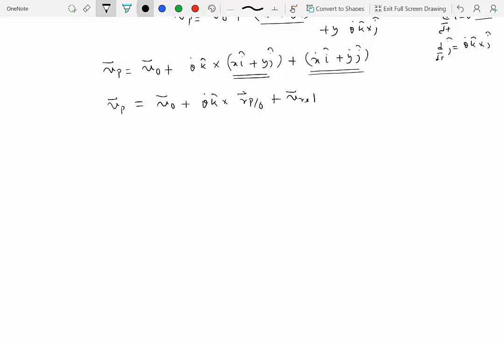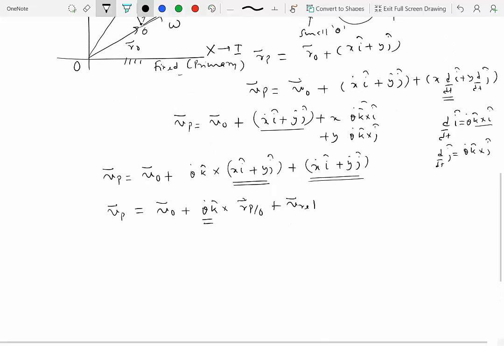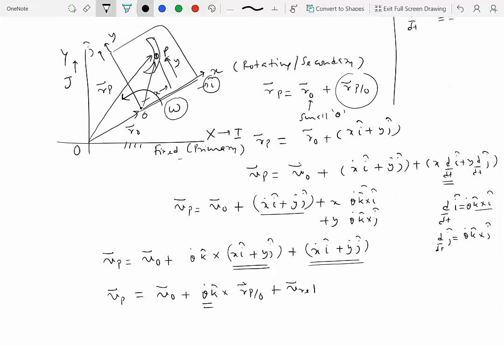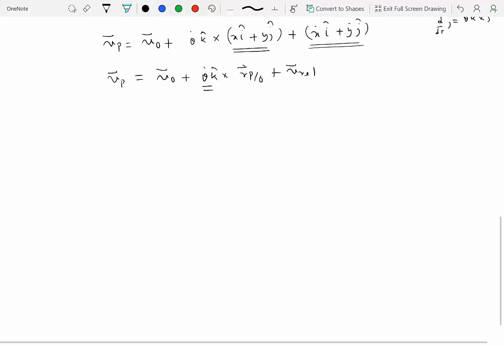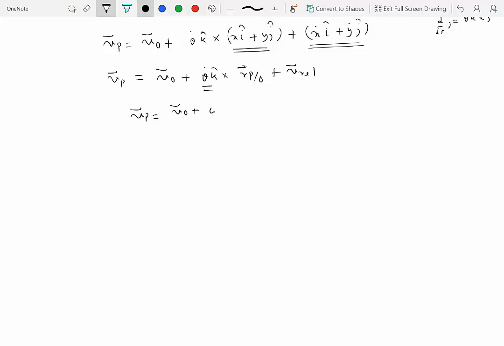And theta dot k hat is nothing but the angular velocity omega of this rigid body. So this is omega cross r of P with respect to O plus V relative.